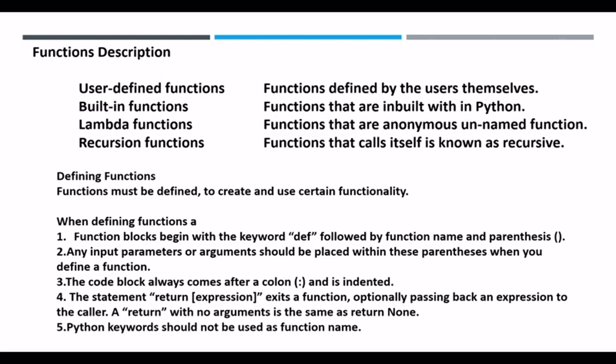When we are defining a function, there are some important things to be noted. When we are creating a function, those instructions should be followed clearly. The first one is that function blocks begin with the keyword def, followed by the function name and parentheses. It is very important to use the keyword def.